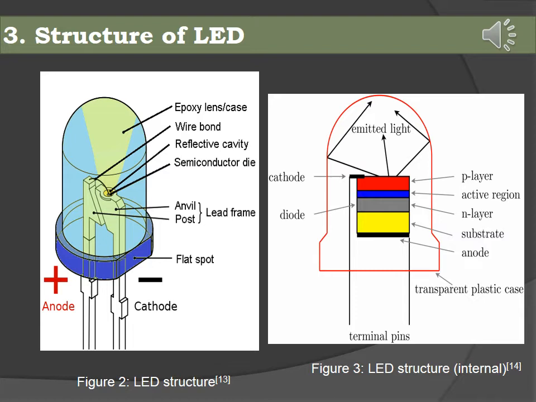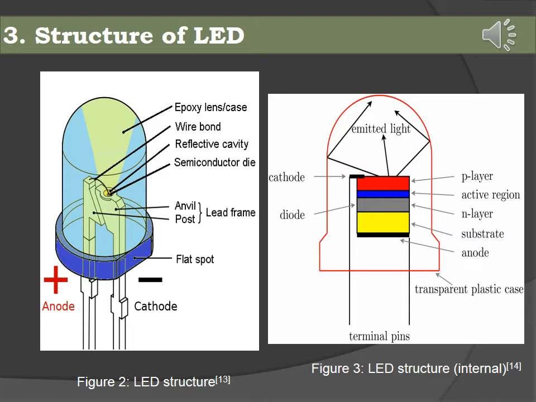Structure of LED. An LED consists of three components: an anode, the positive wire, and a cathode, the negative wire, and semiconductor crystal in between them.